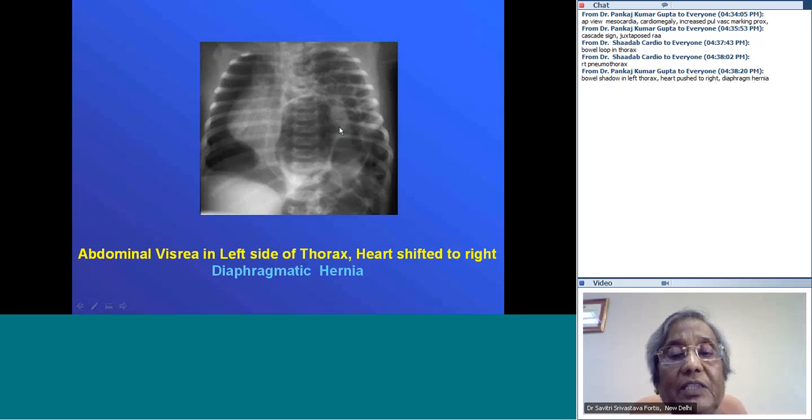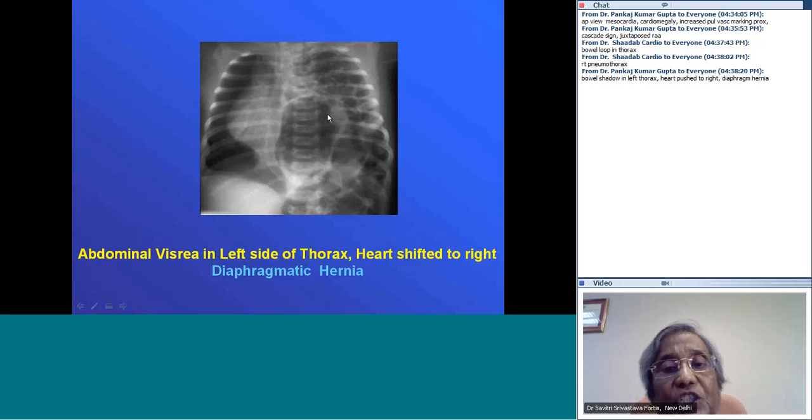So it is shifting the cardiac shadow to the right. And this is the dextroposition of the heart caused by the viscera which are occupying most of the left side of the chest. So they're pushing the heart to the other side.